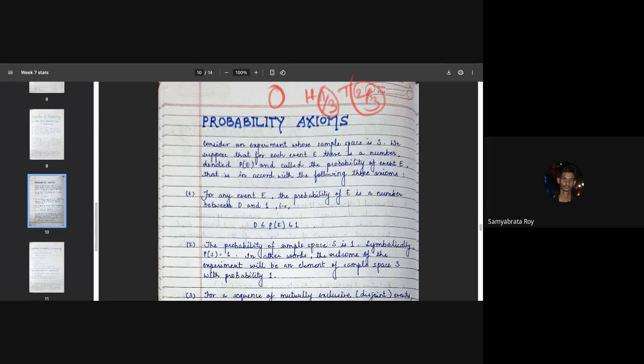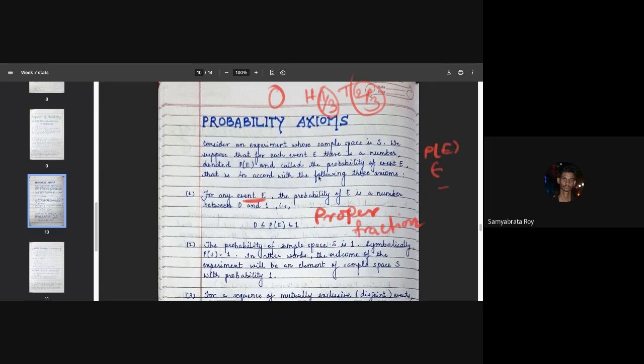What are the axioms? Firstly, suppose I have an event E. The probability of E is a number between 0 and 1, or a probability should be a proper fraction. So what is the range of probability?